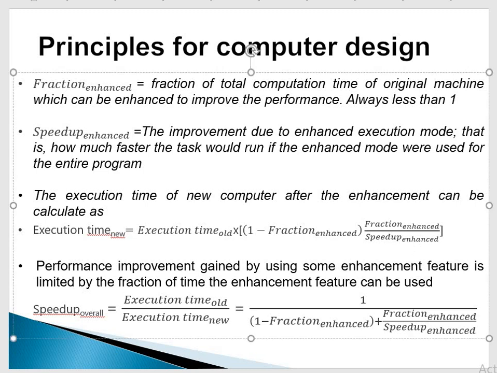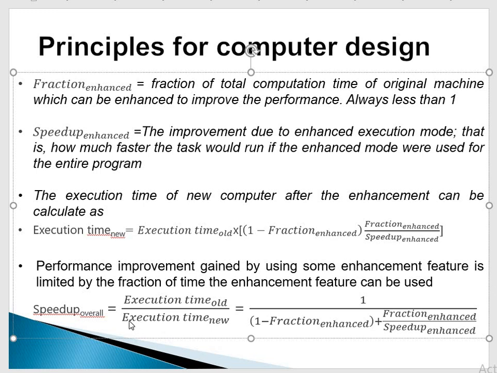After knowing the execution time of the enhanced machine with reference to the fraction which we have already enhanced, we will be interested to know the impact on the overall speed of the machine due to the enhancement we have done in the old machine. That parameter can be evaluated by using this equation: execution time old upon execution time new.